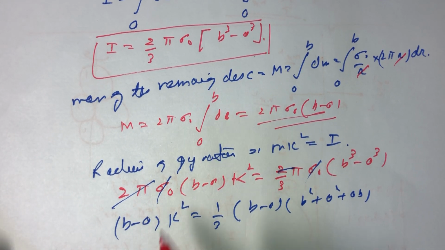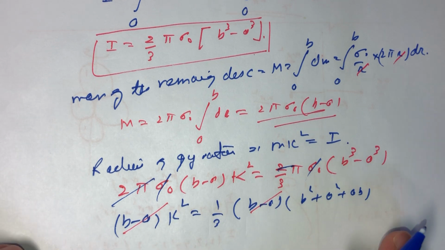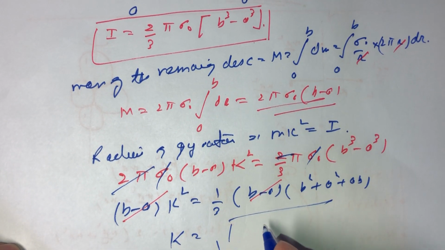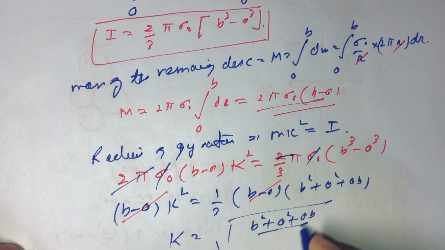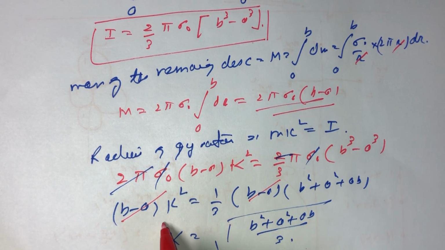Here b minus a cancels out, so we get k is equal to the square root of b square plus a square plus ab divided by 3. So this is our radius of gyration.